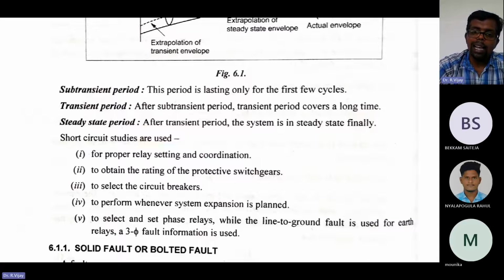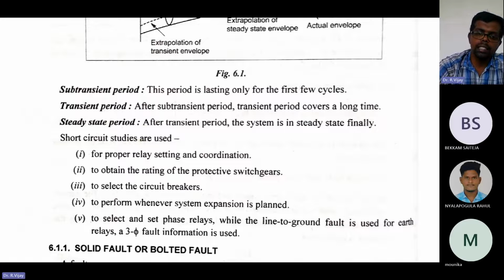And as per the short circuit studies, if you perform them prior, say for example, 10 kilometers is the range for that particular substation. You can go further, because areas will extend like anything.